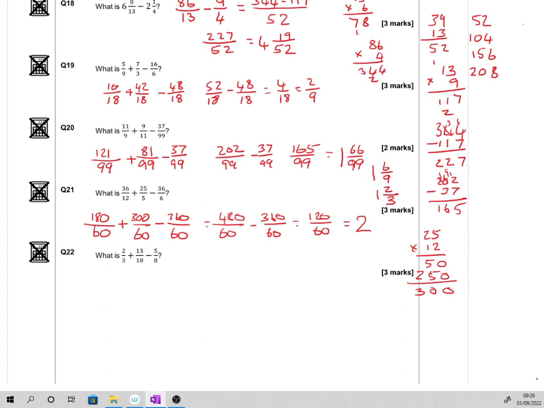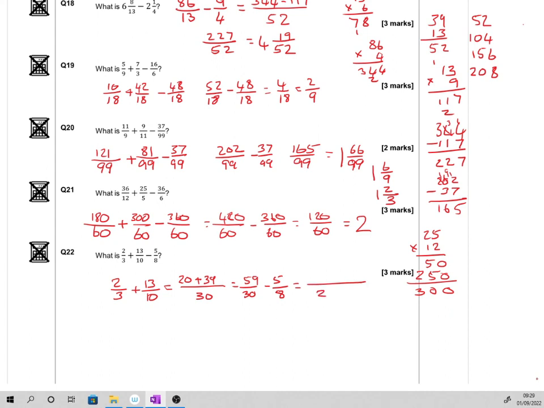All the numbers are going to get big, aren't they? Let's just do 2/3 plus 13/10, which is 30. 20 plus 39, which equals 59 over 30 minus 5 over 8.